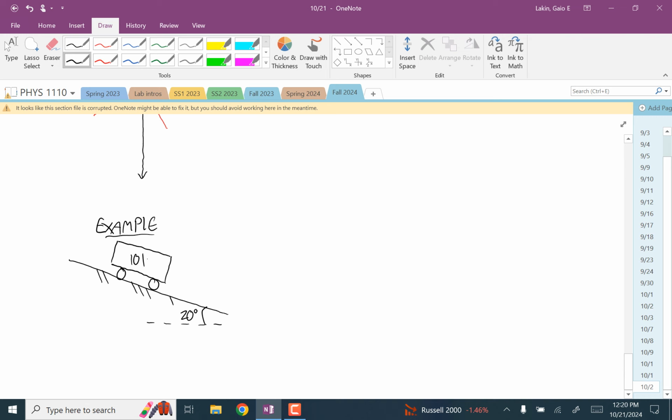Let's say that this mass is 10 kilograms. And we want to know what the acceleration vector of the cart is.